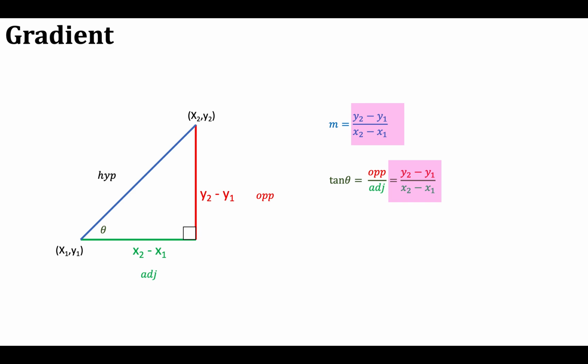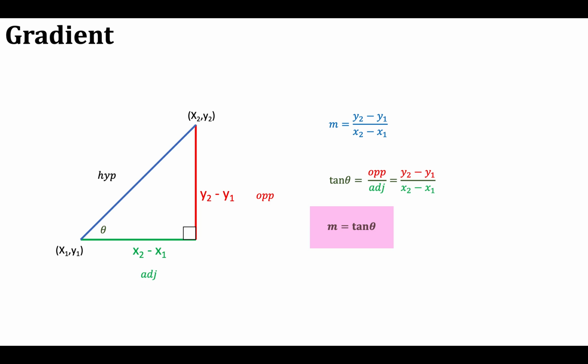So surely then that means that the gradient coming from here is the same as tan theta, which gives us a new formula. So m equals tan theta. Gradient is equal to the tangent of the angle.